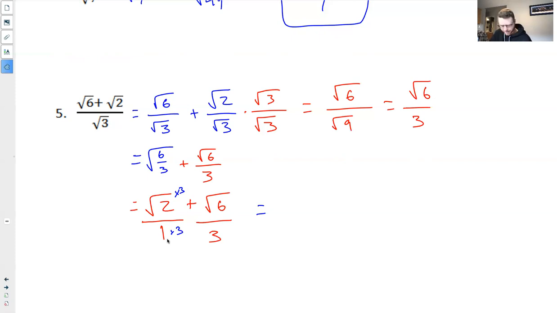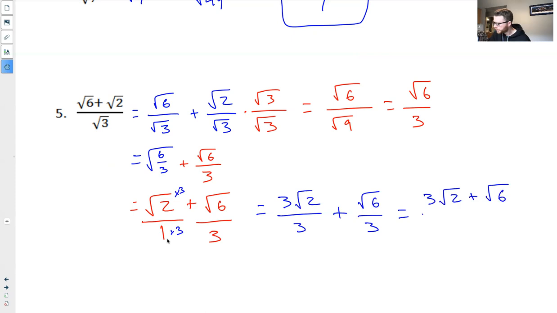So that will give us 3 times root 2 is 3 root 2 divided by 3. And we're going to leave root 6 divided by 3 alone. Now that we have the same denominator, we can combine the numerators. So we get 3 root 2 plus root 6 divided by 3 as our final answer.